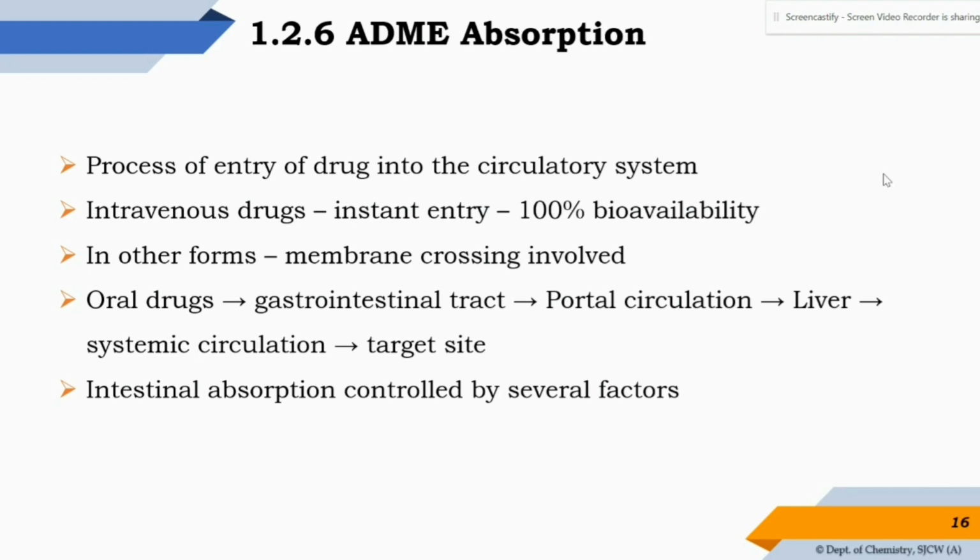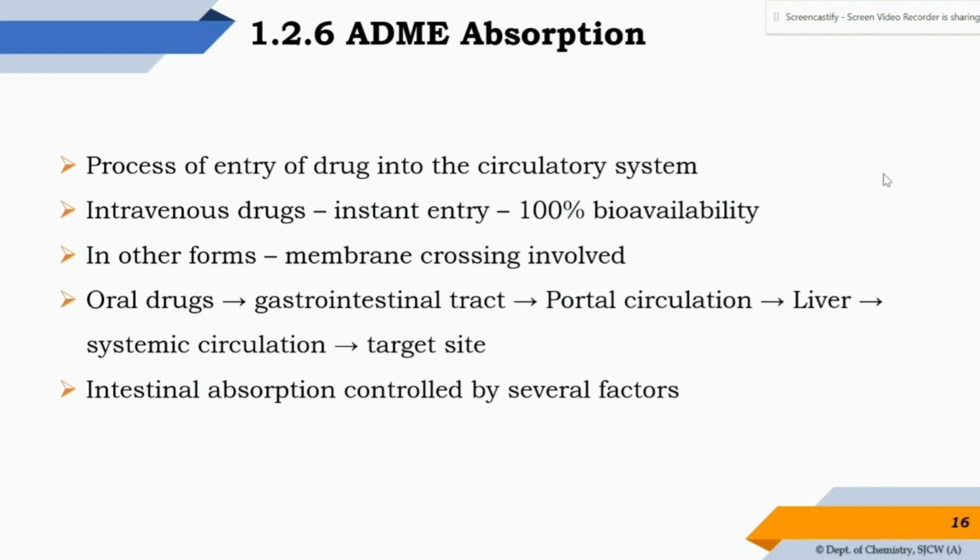So intravenous drugs will have instant entry into the circulatory system. Not only that, they have 100% bioavailability. That means the concentration of the drug is available at the target site 100%.